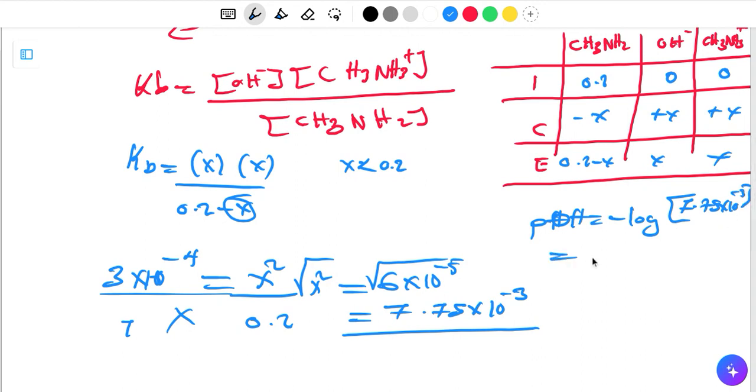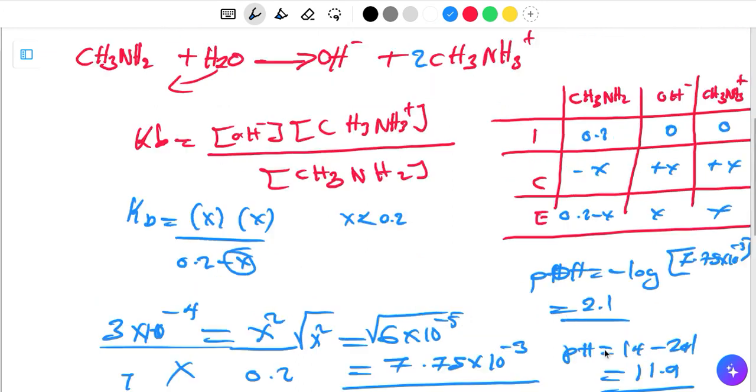So the negative log of that, the answer I'm going to get is 2.1. This 2.1, I need to subtract from 14 for me to find the pH. So I'm getting 11.9 as my pH. This is how you're supposed to answer this question.